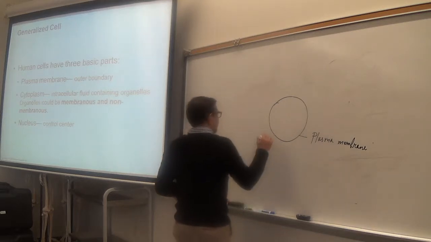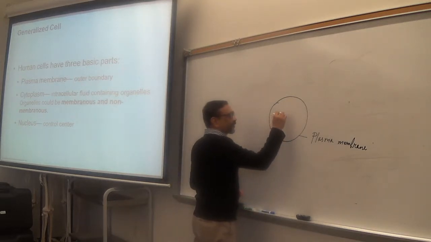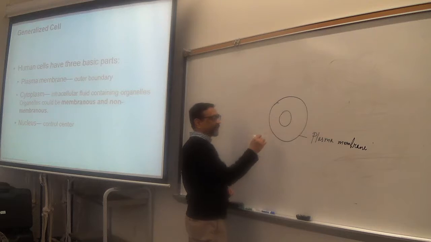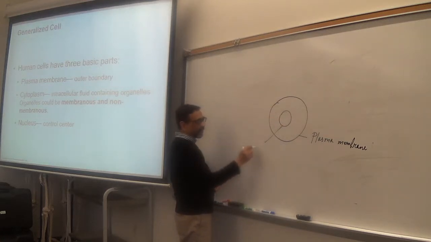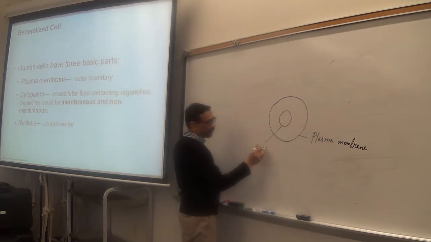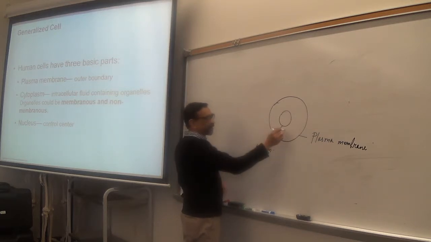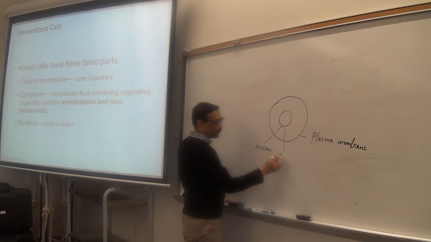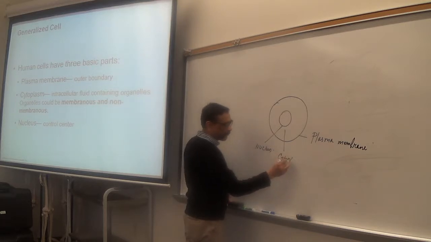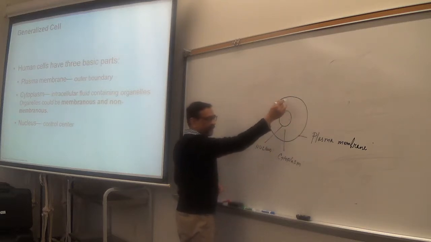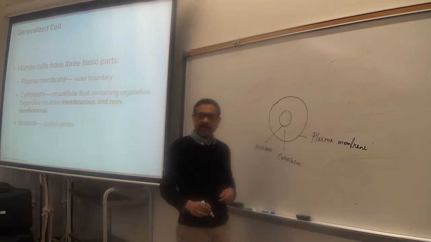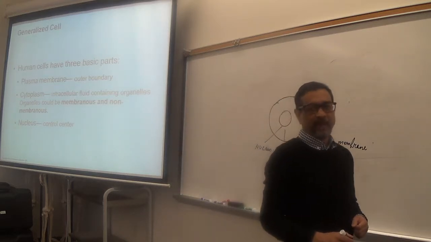And you have a nucleus, usually in the center, a round membranous structure, which is the nucleus, and cytoplasm in between. Okay? So in between plasma membrane and the nucleus, the part is called cytoplasm.